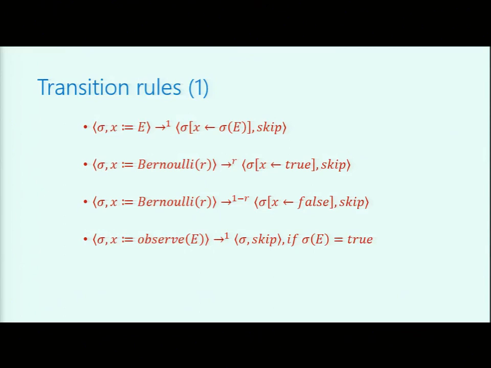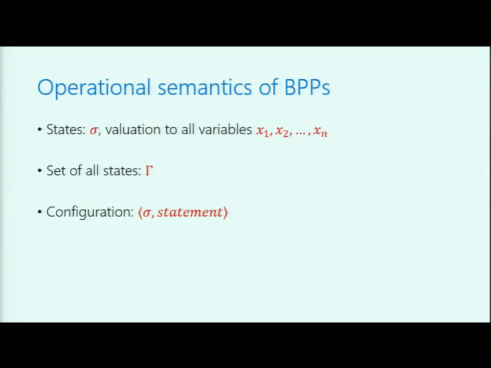Suppose you are in a state sigma and execute the assignment statement x equals e. What is the resulting configuration? The operational semantics says that the meaning of the probabilistic program is defined as a transition system over these configurations. And remember, the configuration is a tuple of sigma, which is a state, and a statement.